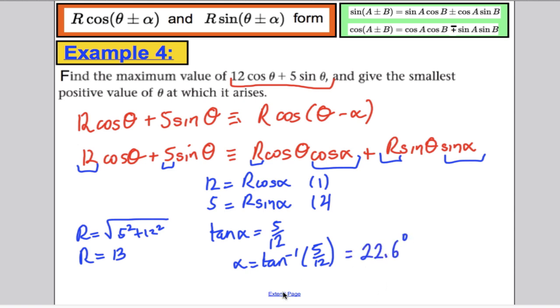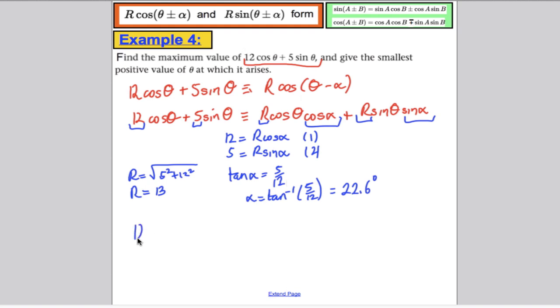And therefore 12 cos theta plus 5 sine theta is the same thing as 13 cos(theta minus 22.6 degrees).